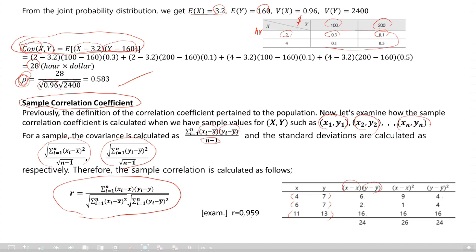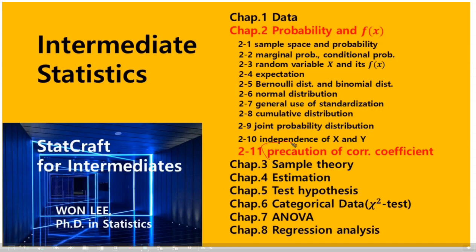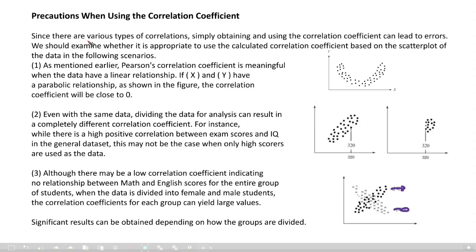But we need to have some idea about the precautions of a correlation coefficient. Why? Let's see this one. There are various types of correlation. Simply obtaining and using the correlation coefficient can lead to error.